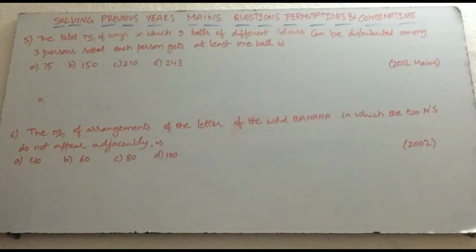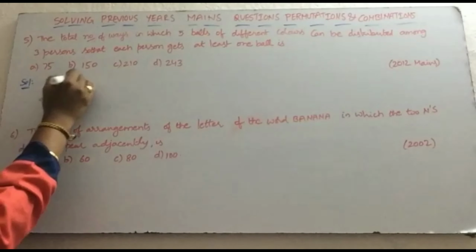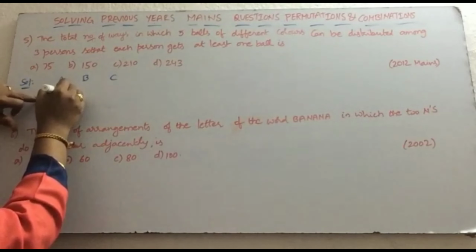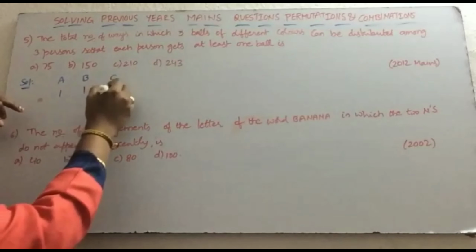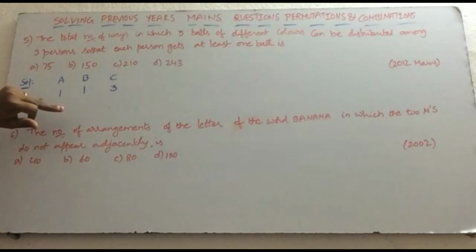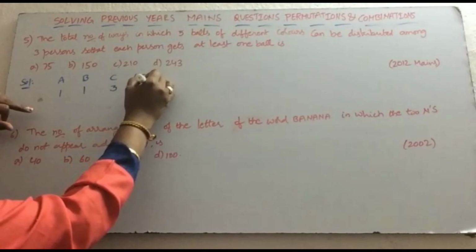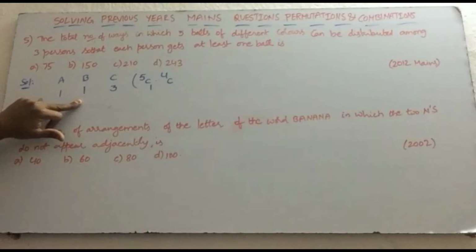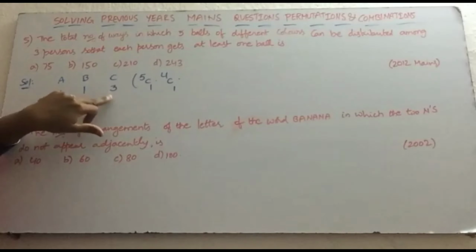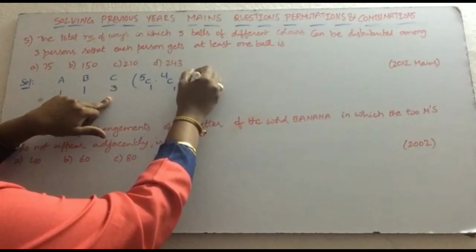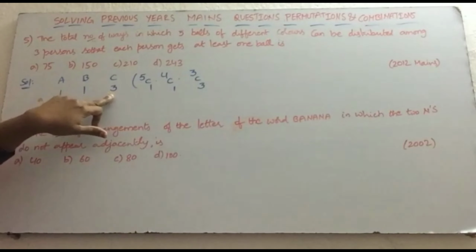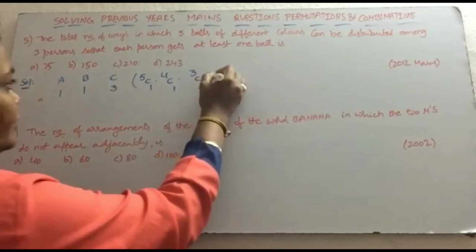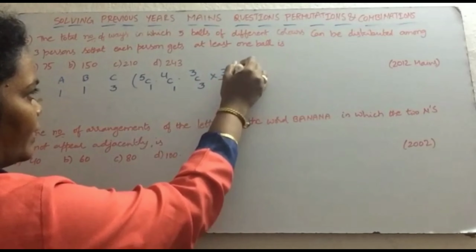So here 5 distinct balls are distributed among 3 persons, A, B, C. If we give one ball to A and one to B, the remaining 3 balls are given to C. So for this we will write 5C1 into 4C1 into 3C3, and for these 3 balls we arrange among persons, so we write 3 factorial by 2 factorial.